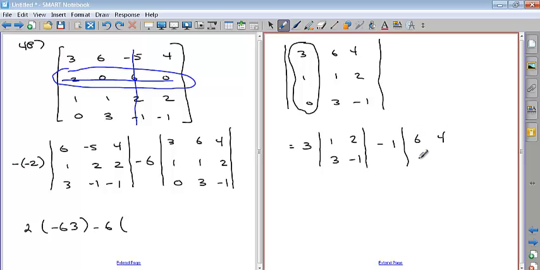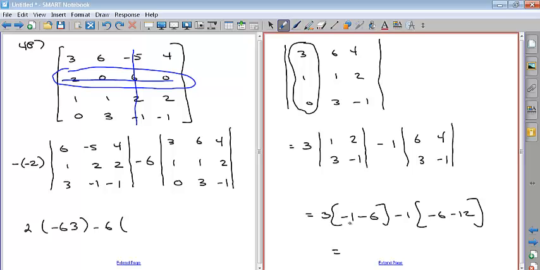So the first determinant is negative 1 minus 6. The second is going to be negative 6 minus 12. So 6 times negative 1 is negative 6. 3 times 4 is 12, but you subtract it.